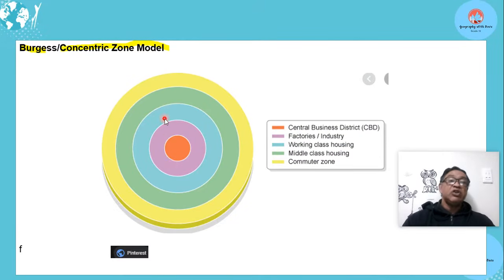Then he said it'll go according to income. Now, learners, during his time, when this theory came, it was working class and middle class and whatever. Of course, we don't use that terminology anymore. We say low income or working income, middle income, higher income. So please excuse this for now because this is how his model was.